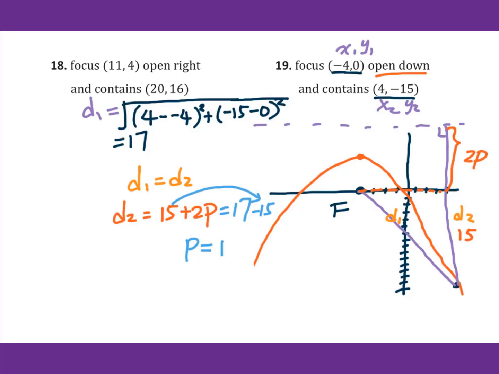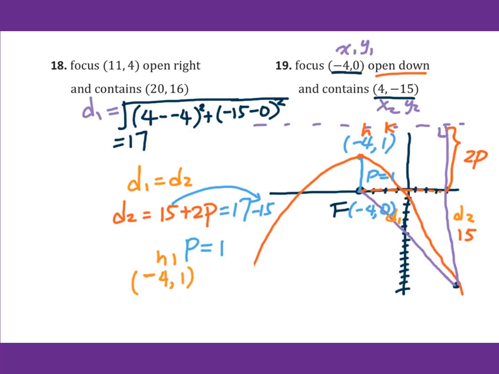Which means this distance, that's p equals 1. We know the focus is (negative 4, 0). I go up 1, you will get (negative 4, 1). That will be the vertex, (h, k). So we got the vertex (negative 4, 1).